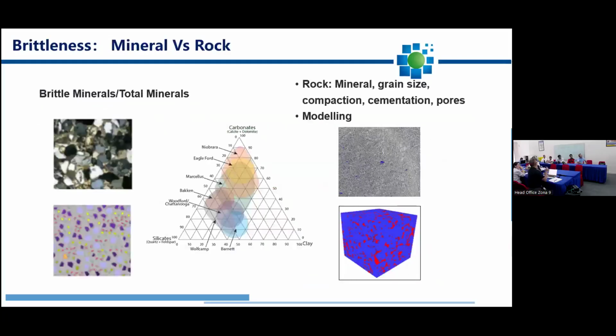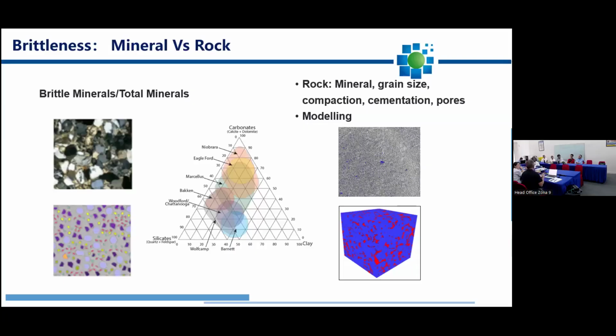Just two definitions I want to clarify. I think most of you probably understand this very well. One is brittleness, which is how much the rock can be fracked. The reason I showed this example has a purpose. Most of the time, people use mineral content to calculate brittleness, because brittleness is critical for fracking, right?